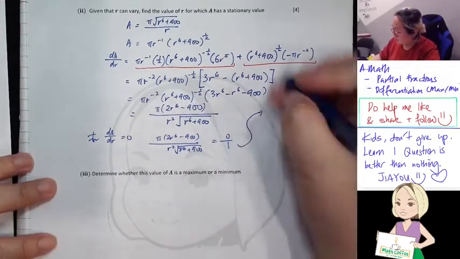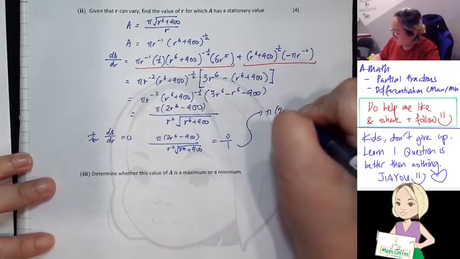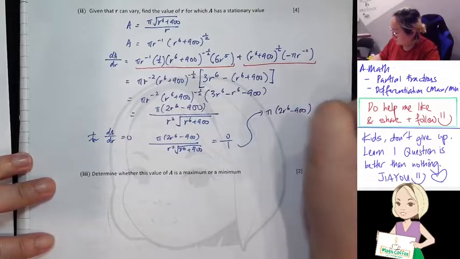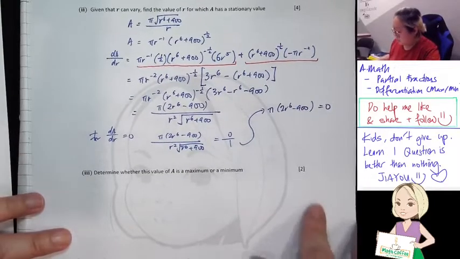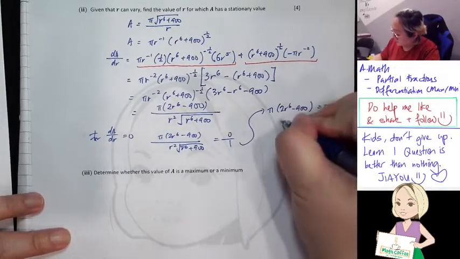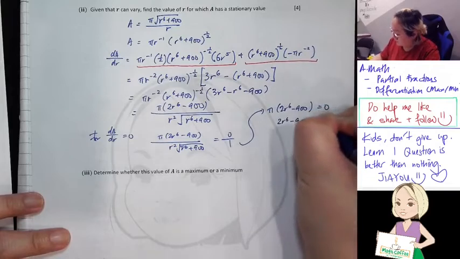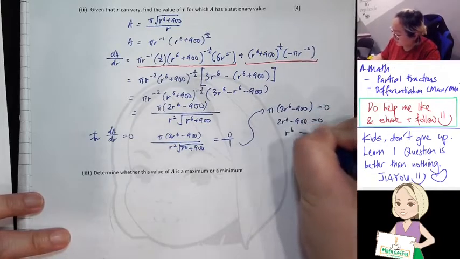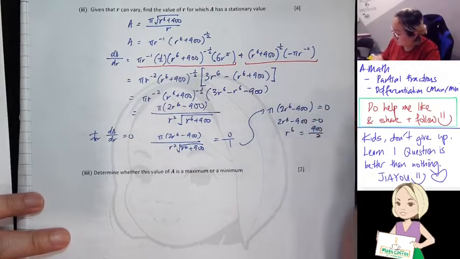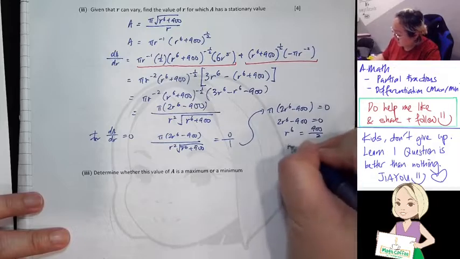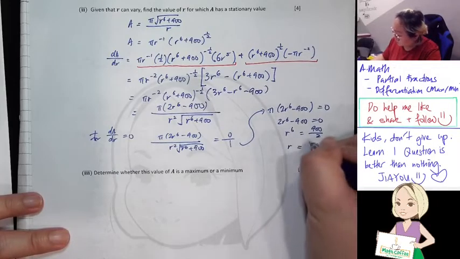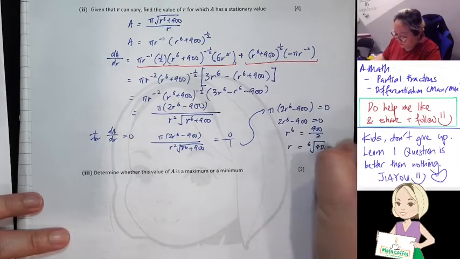So I ended up having pi 2R6 minus 900 equals to 0. And divide by pi, I get 2R6 minus 900 equals to 0. So my R6 is 900 over 2. And then after that, R equals to 6 root 450.